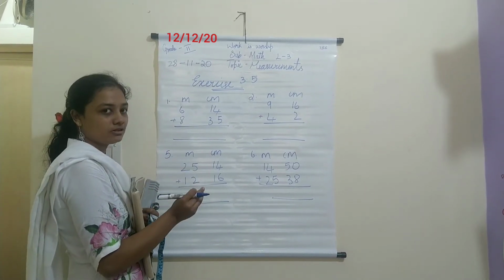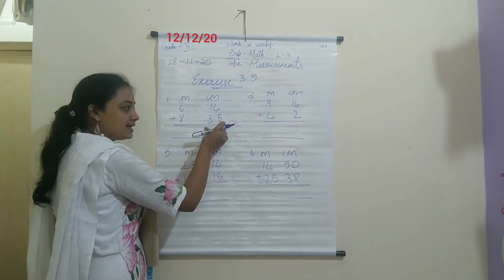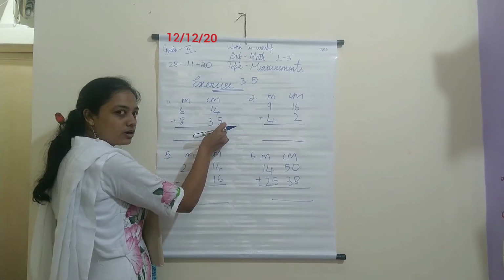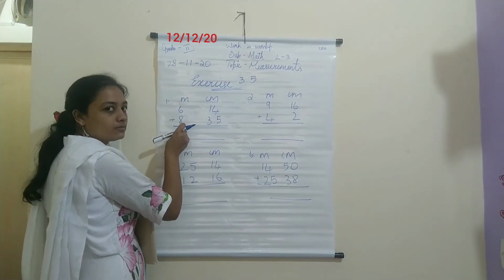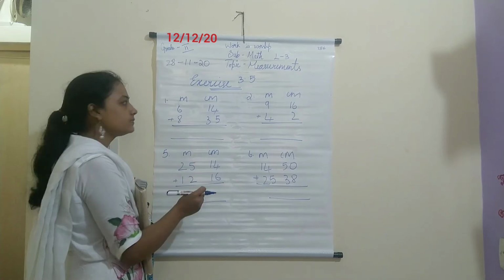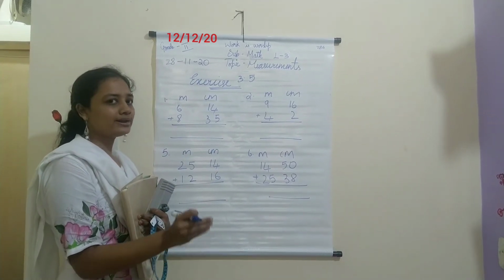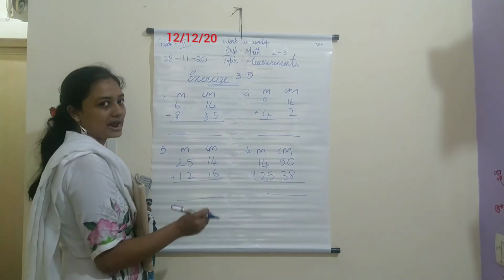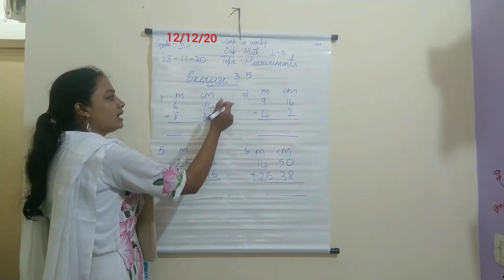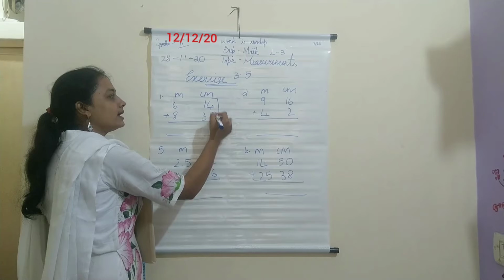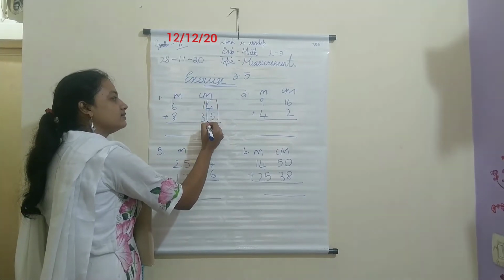When you are writing the answers also, you should write centimeters in the centimeters column, meters in the meters column. Okay children, let's start. It is not difficult, it's just like how you add numbers normally.